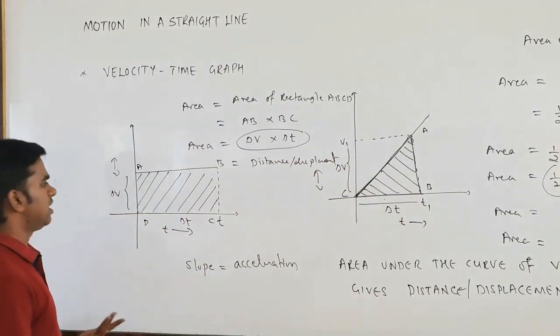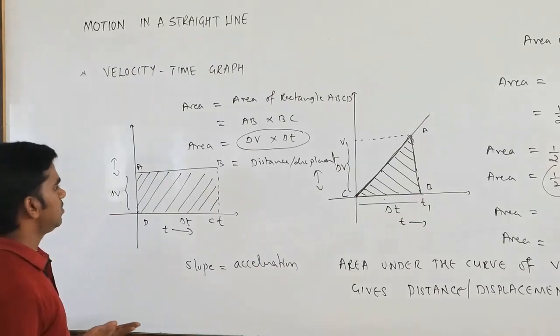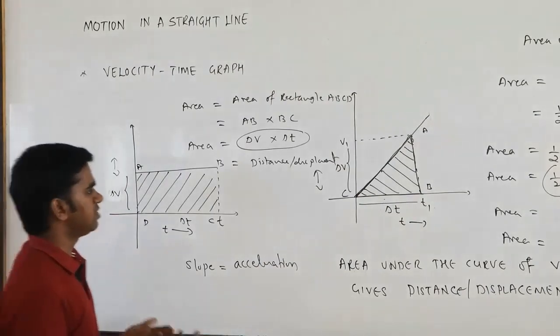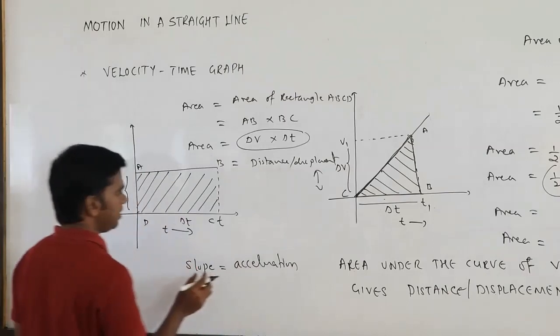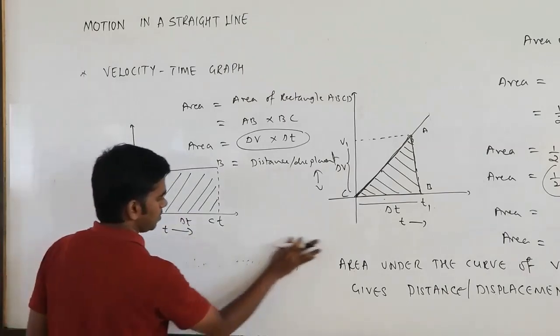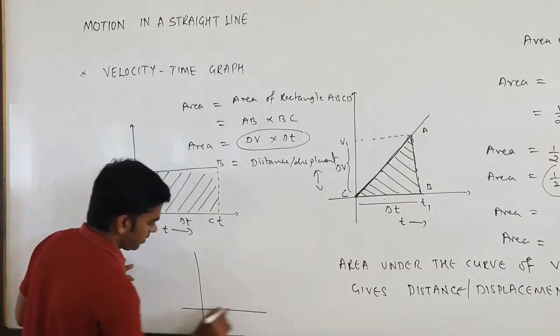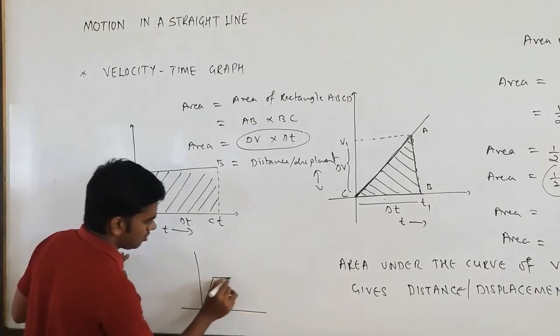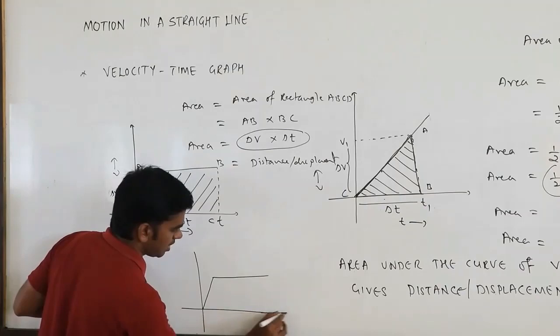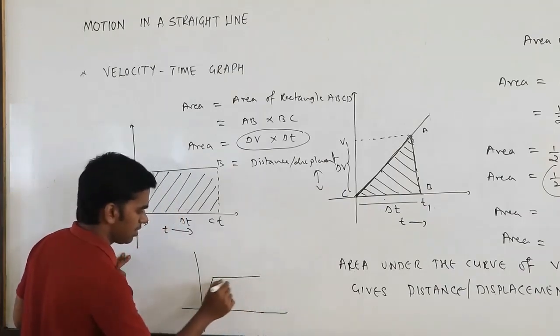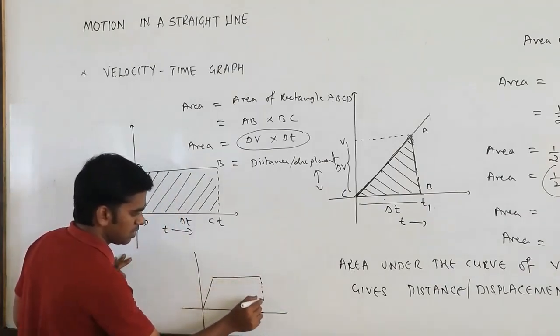Or sometimes the graph may take different shapes. Sometimes the graph may take a shape like this: the graph will go here and it will come here. Now if you want to calculate the total distance, this is the time.